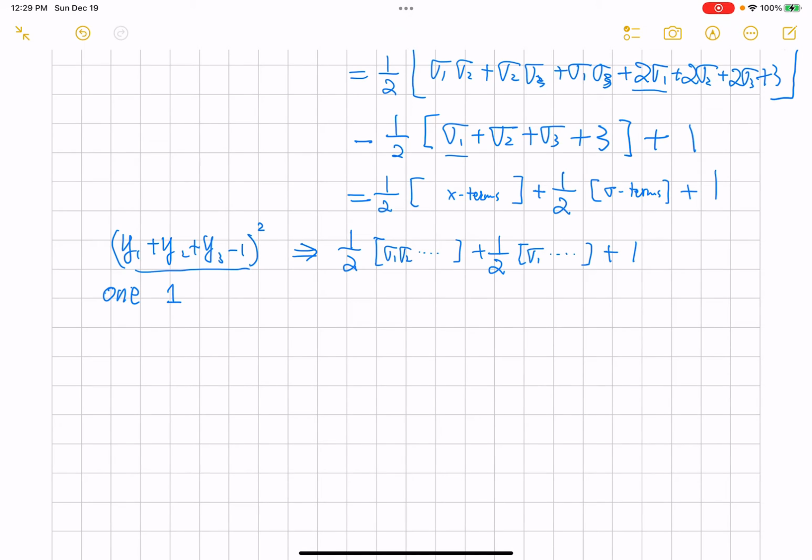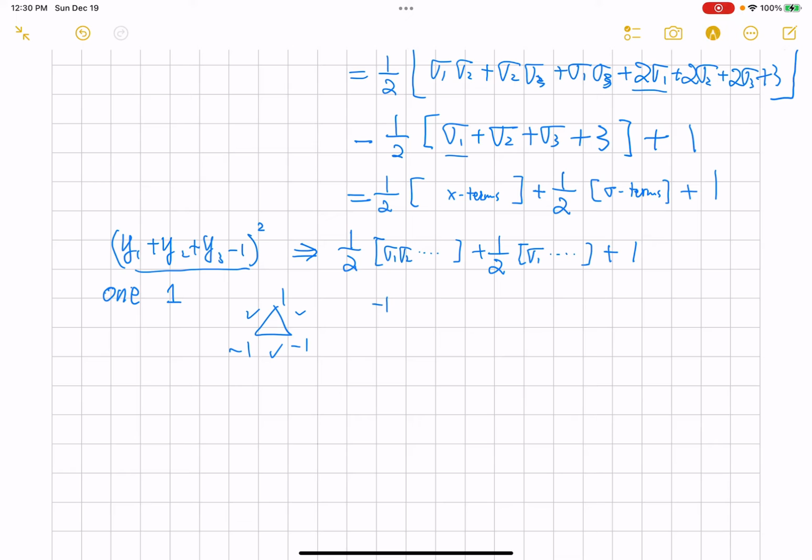If I have 1, 1, right, then the others are negative, so it would be a 1, a negative 1, and a negative 1, right? So sigma 1 sigma 2, two of them, this and this, are going to be negatives, and one of them is going to be between sigma 1 that is minus 1 and sigma 2 that is also a minus 1, right? I hope this is clear.